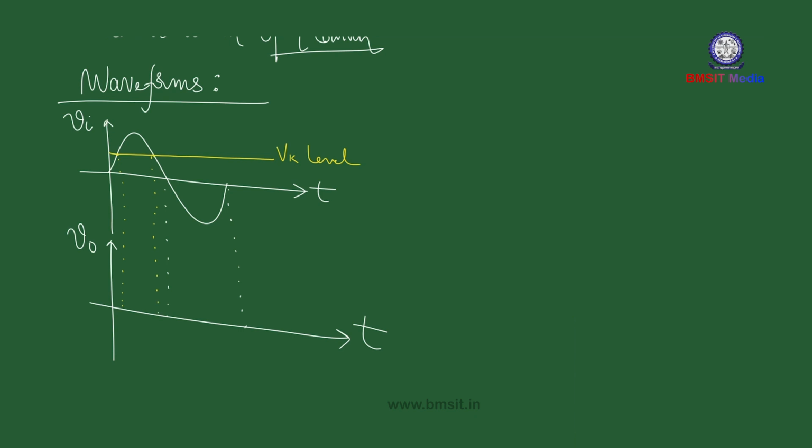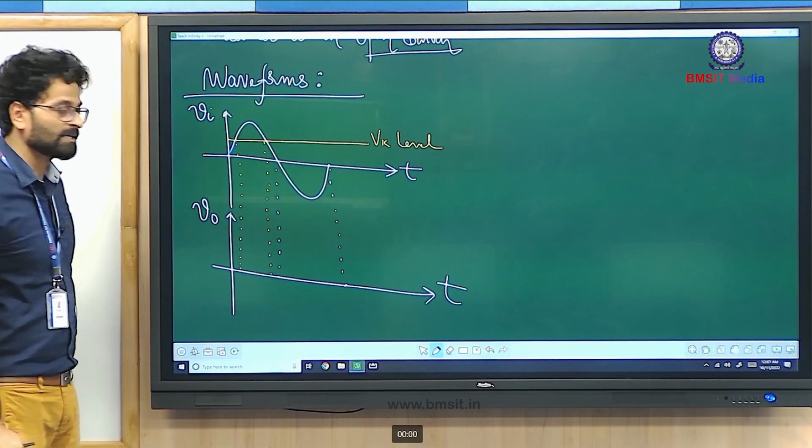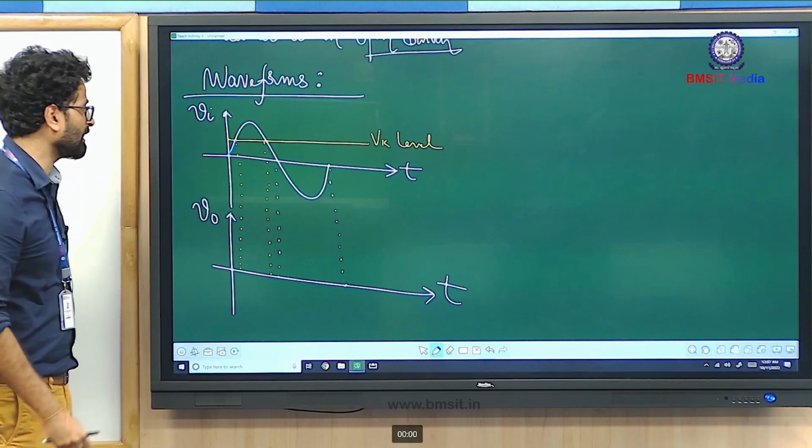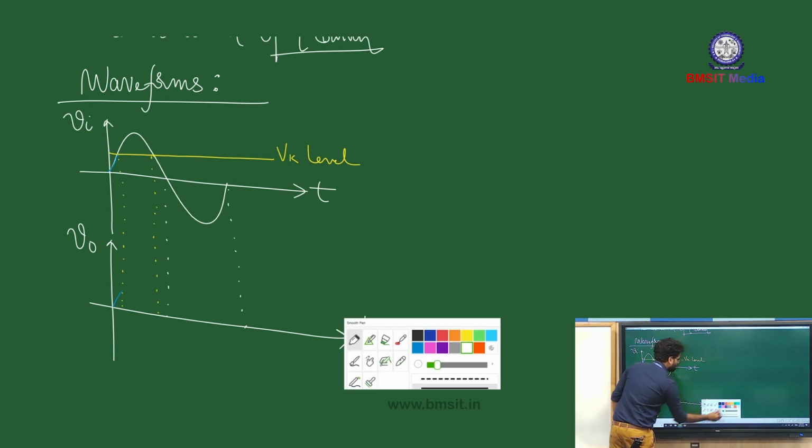Alright, so now let us investigate the circuit scenario. During the time interval when your input voltage is less than the barrier potential Vk, we had obtained output is equal to input. On the other hand, when your input voltage starts to exceed the Vk level, that means for any value of Vi greater than Vk, you had obtained output equal to Vk.